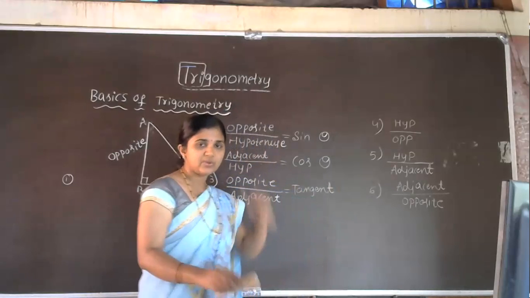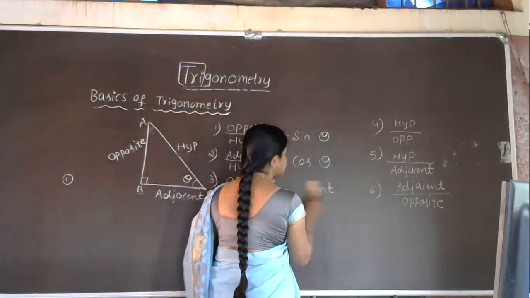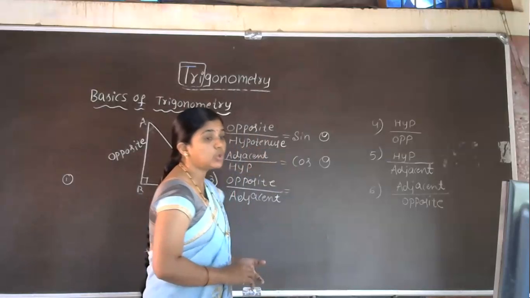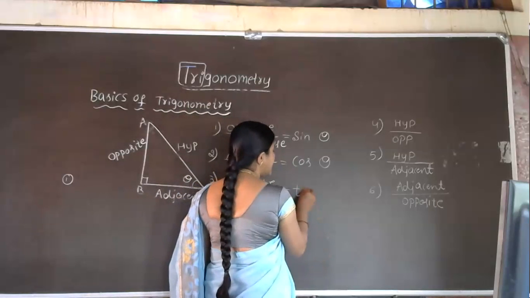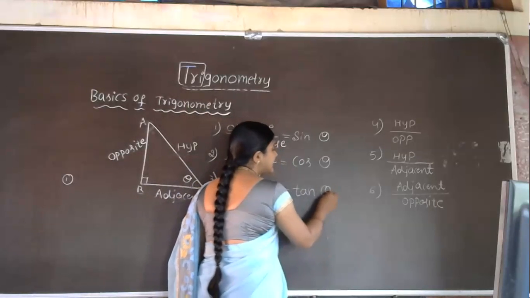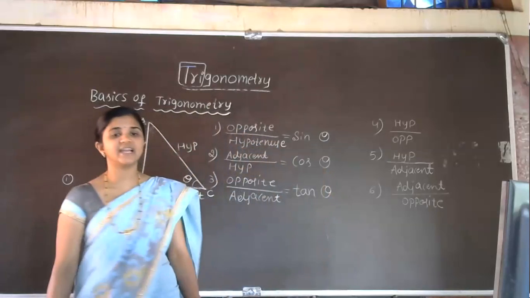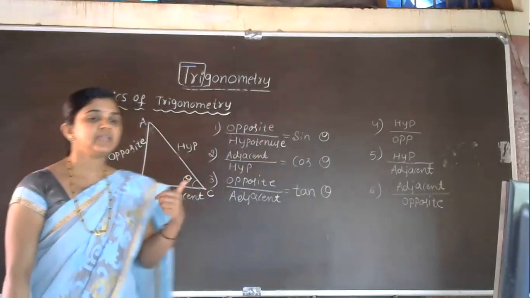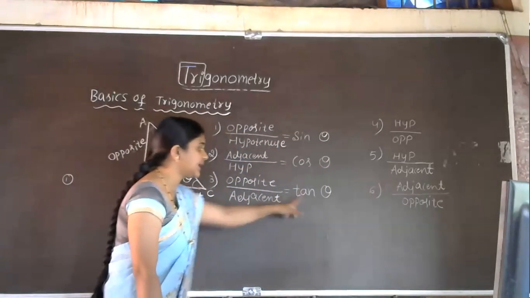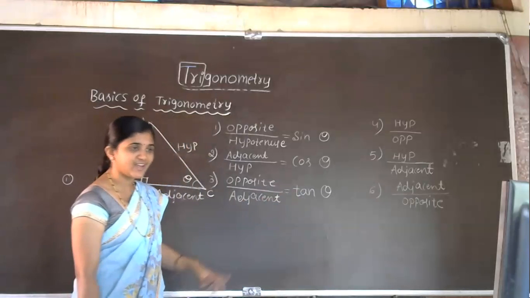But we have to use the short form, taking only the first three letters. So tangent of angle theta is denoted as tan theta, T-A-N, tan theta.